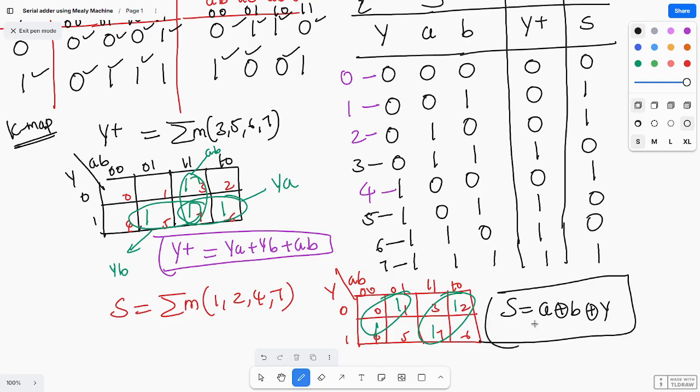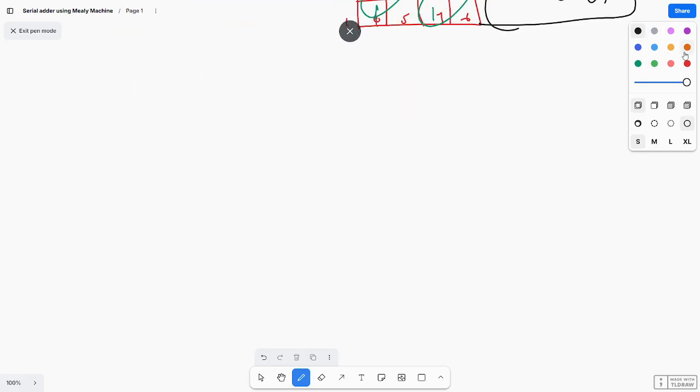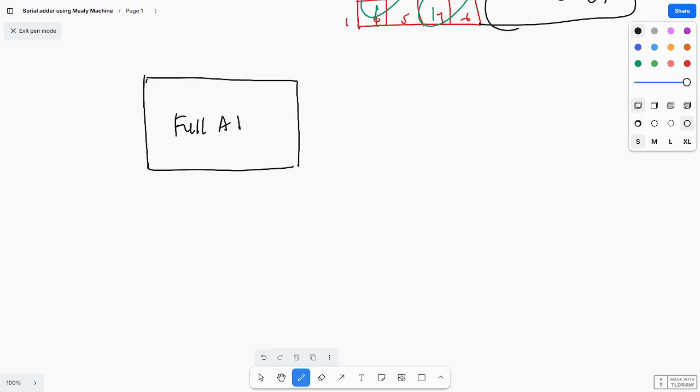Now I can draw the Mealy type serial adder. How am I drawing it? One full adder is there. So this is my full adder. Here this is input A and this is input B, and here I am getting sum.